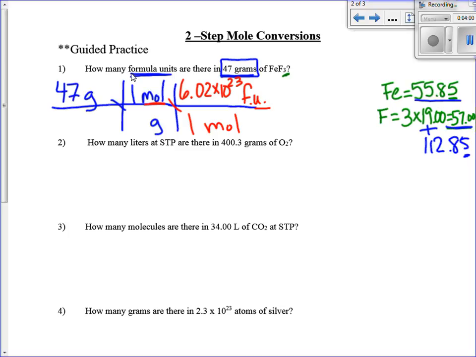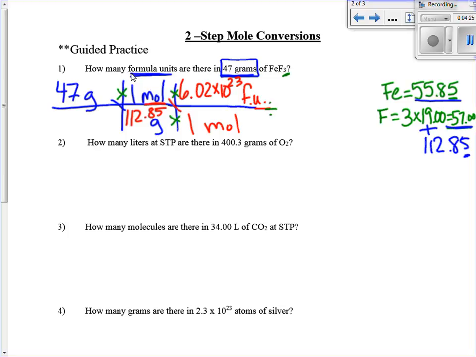So now I can insert that value up here. 112.85 next to the grams where it's supposed to go in the T-chart. Okay, so just to remember what the T-chart tells us. The T-chart tells us to multiply everything on the top, multiply everything on the bottom, and then divide.